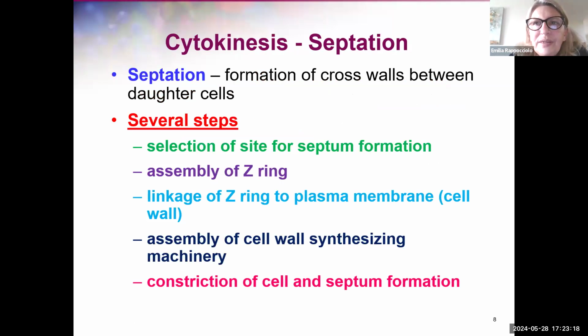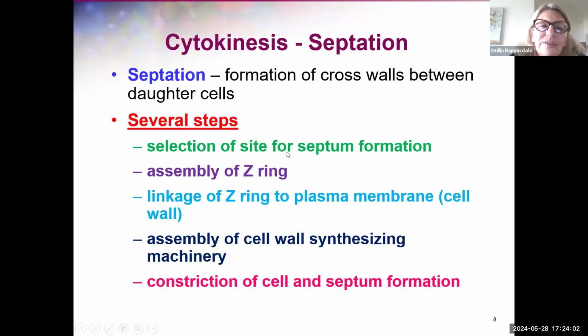After we've done that, there is cytokinesis, and cytokinesis requires squeezing the cell in the middle to separate it. Now these cells have a cell wall, so the cell needs to build new cell walls. So septation is the process of building a new cell wall for separating the cells. It requires several steps. First the cell needs to find where to start. Normally it's in the middle of the cell, but it's not always in the middle of the cell.